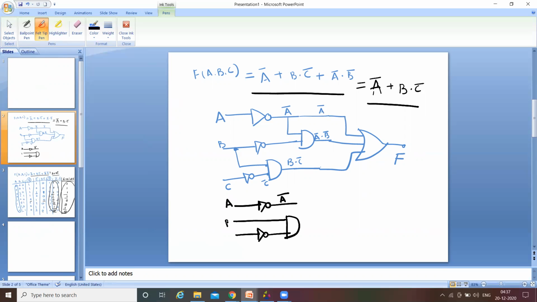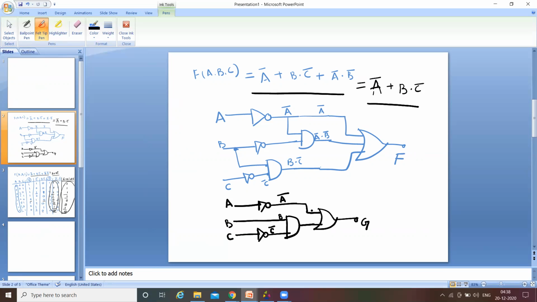This is B and this is C, this becomes C bar, and this is B only. So B C bar is an AND operation, and these two go to an OR operation, so this becomes Z, and function F and Z are both the same.